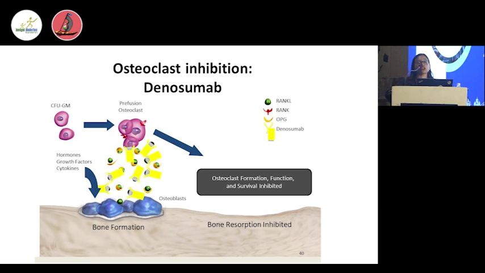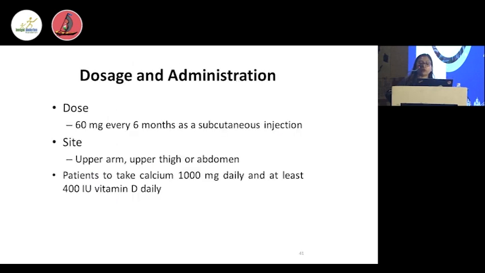In a normal physiological state, a balance is required between the RANK ligand and the OPG ratio. If any alteration happens in this ratio, then it can lead to osteoporosis. In conditions like postmenopausal women where there is estrogen deficiency, there is an increase in the formation of RANK ligand, and we know that RANK ligand leads to osteoclast formation. It promotes bone resorption.